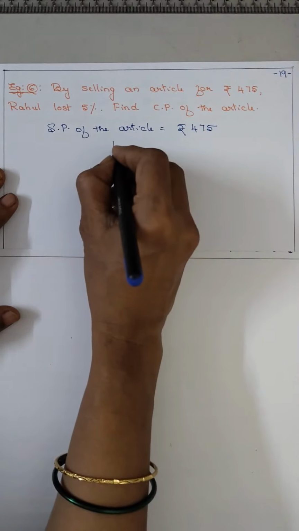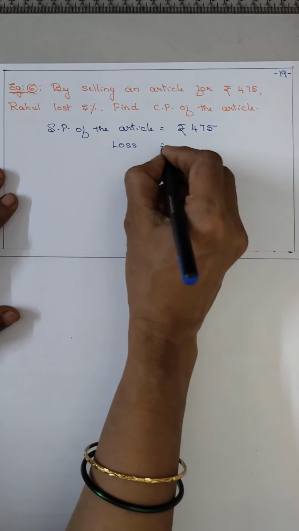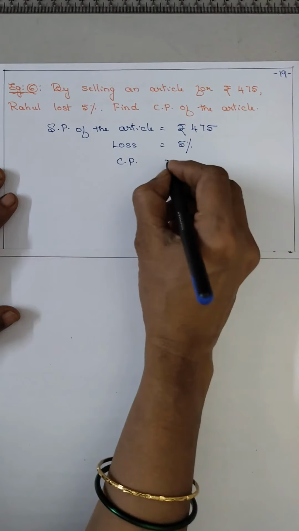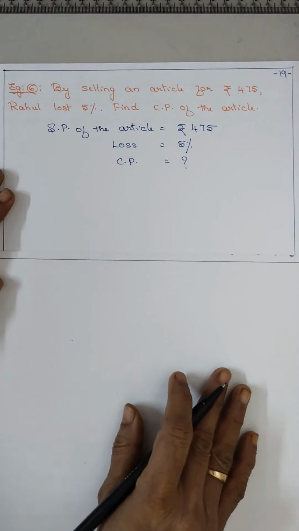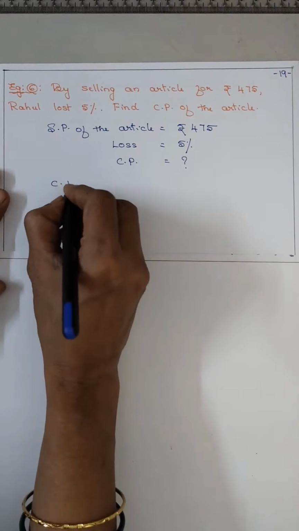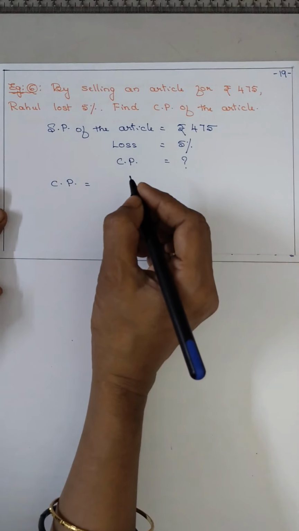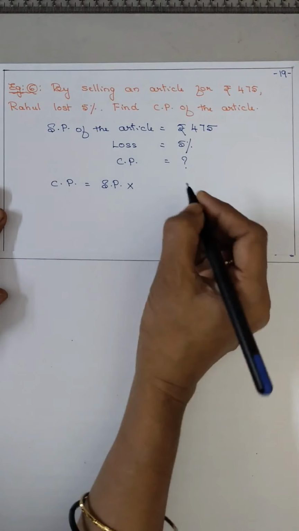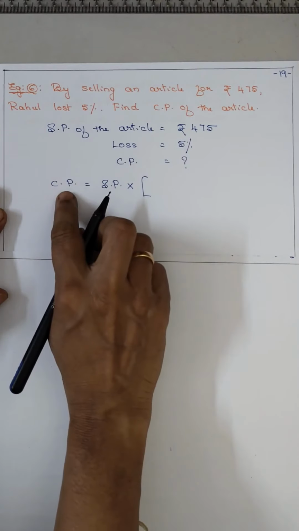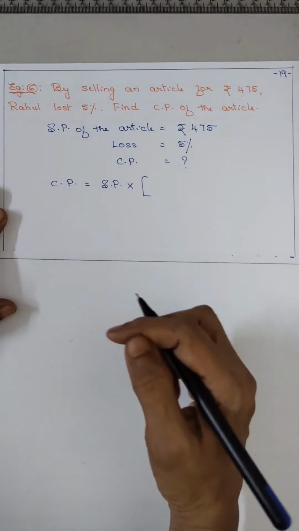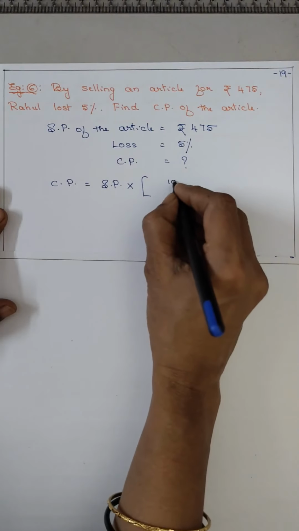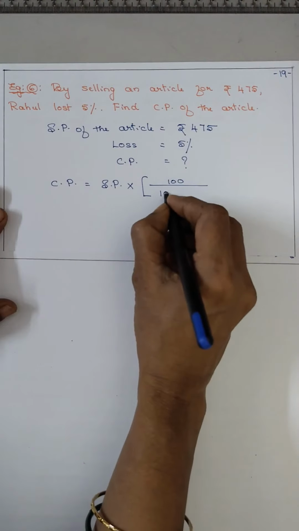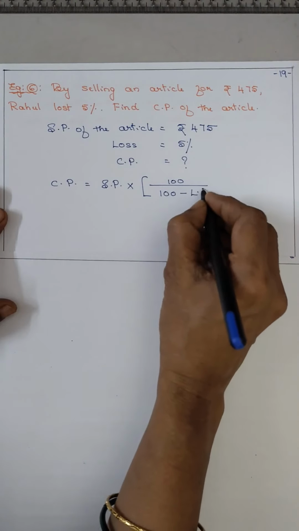He lost, means loss is equal to 5%. They have asked you to find out CP. So put the formula. CP is equal to, the opposite of CP, SP is given, into 100 in the numerator, and the addition or subtraction in the denominator. Now it is loss percent, so 100 minus loss percent.